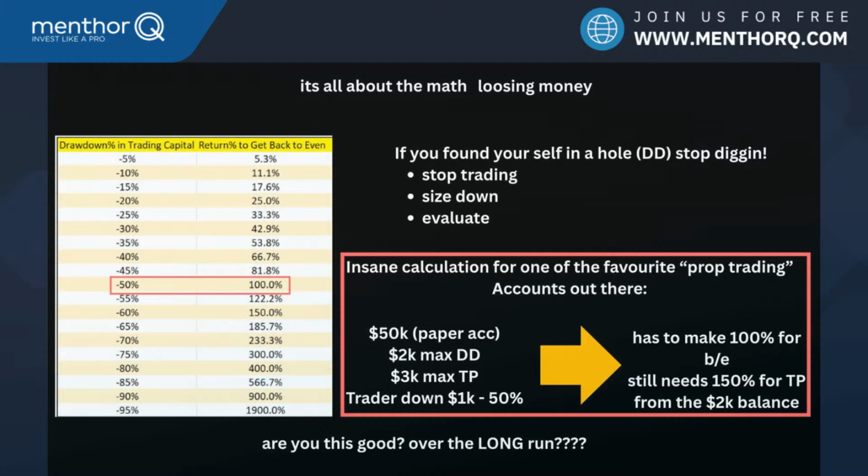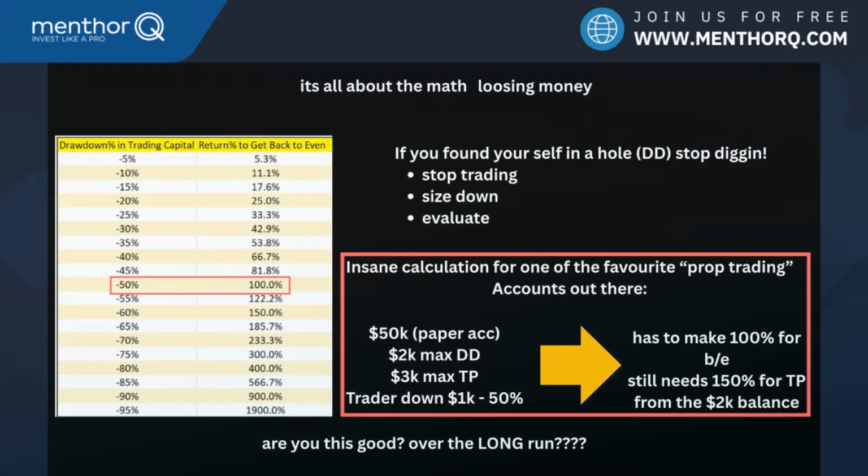And the red rectangle in the lower part of the slide shows you the math behind the stuff I put down here. You will realize pretty quickly, if you are running one of those paper accounts where they suggest a buying power of $50,000, you basically have a $2,000 maximum drawdown before the account is closed.